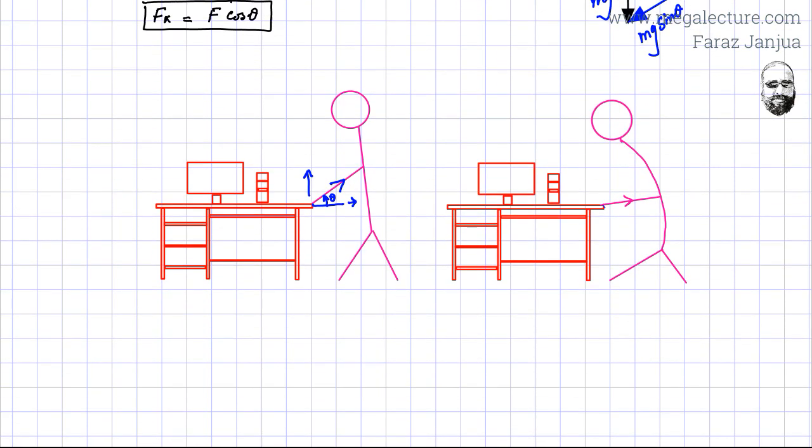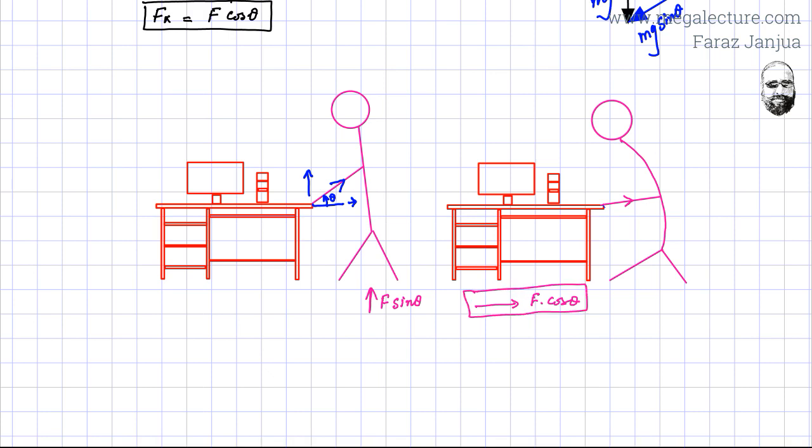Why does reducing the angle help in this case? This is how we can understand that. It is all about the sine component and cos component. In this case, the horizontal component is the force times cos theta, and the vertical component is the force times sine theta, the y component or perpendicular component. Which one do we actually need in this case? This one.